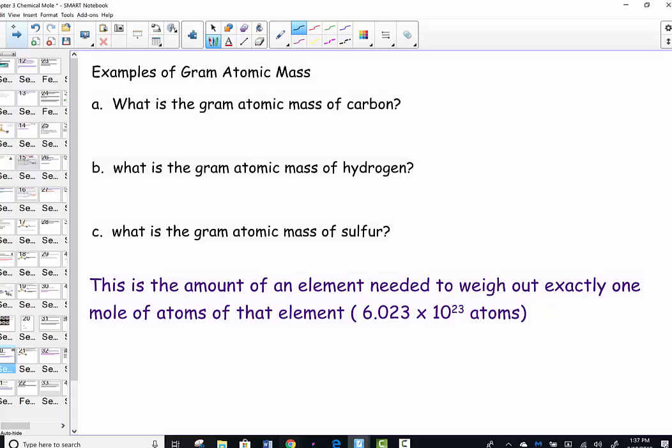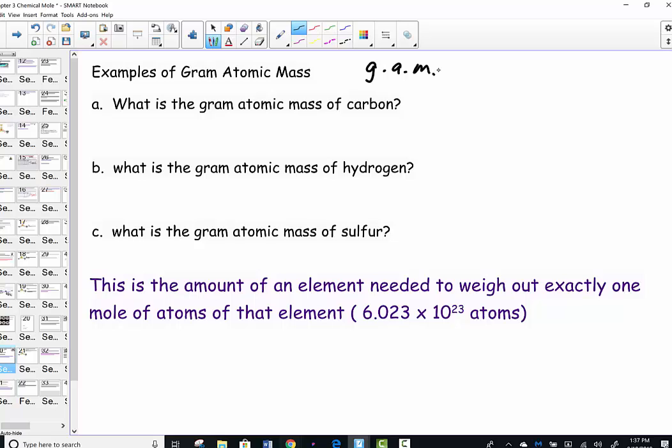Tell me the gram atomic mass of carbon, of hydrogen, and of sulfur. When I define the term gram atomic mass, I'm telling you that I want to know how many grams to get exactly 6.02 times 10 to the 23rd atoms of each of those elements. We want to know the number of particles, so we're going to multiply by our mole number of 9.39.